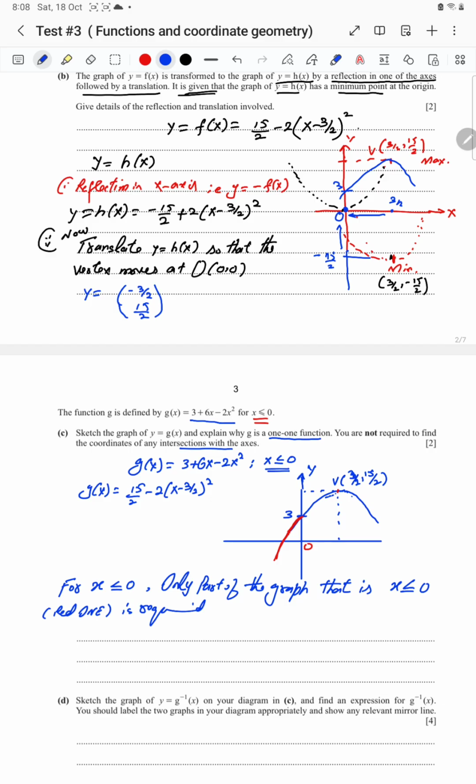And because it has an inverse, and for 1-1, the inverse of g of x is possible.